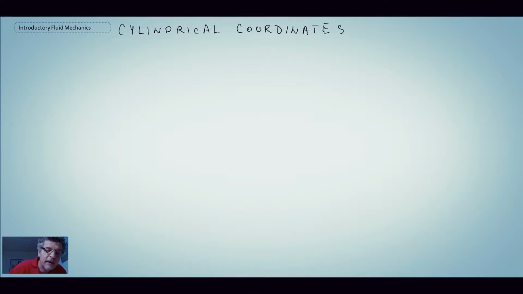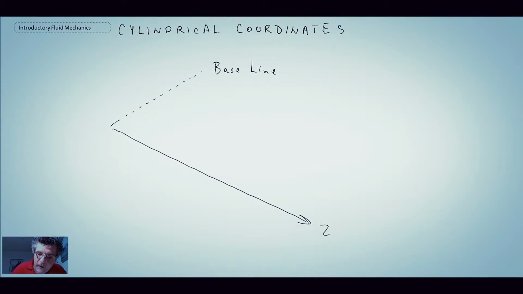What we'll begin by doing is drawing out some sort of baseline. And then I will draw the z-axis perpendicular to that. And then let's imagine we have some point up here, and that point would be at location r.